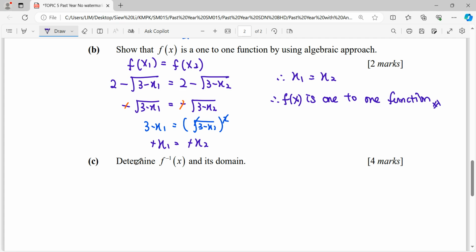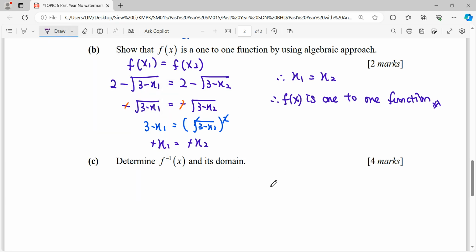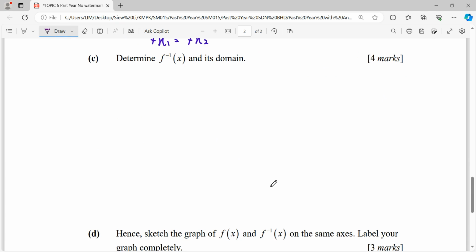Then for question C, determine f inverse and its domain. By finding f inverse, our concept is using the composite method. So our composite method is f of f inverse of x equals x. This is an easier method when you want to find f inverse.